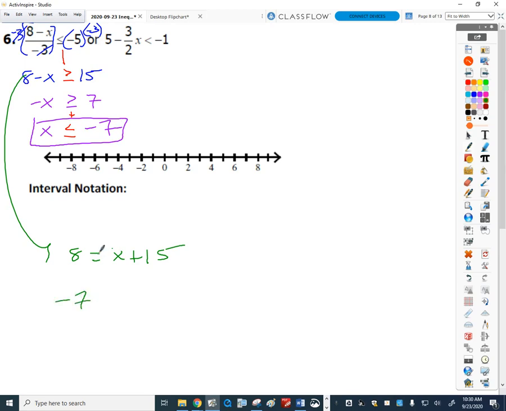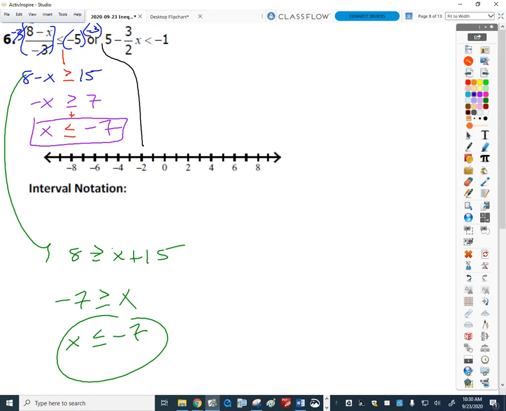That's not supposed to be equals. It's supposed to be greater than or equal to, like that, right? And then all I have to do is turn this statement around so the x is on the left. Either way, I'm going to get the same answer, aren't I? Right? You pick.